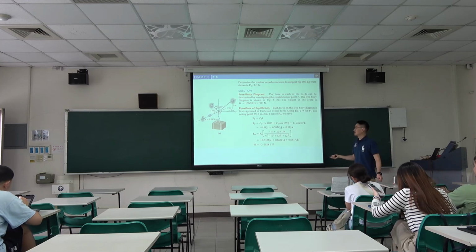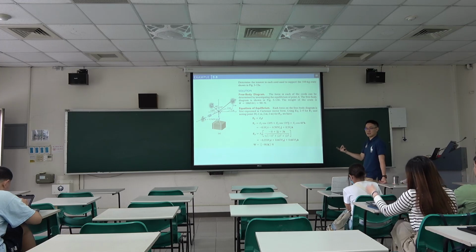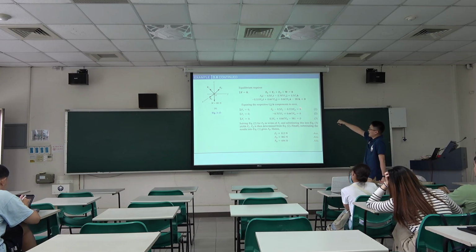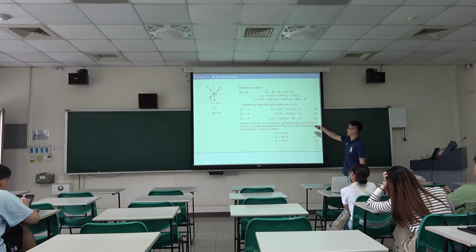Then the weight, which is downward, gives a negative. The summation of all of them should equal 0, and we have 3 different directions, x, y, z. Individually, each equation should equal 0.